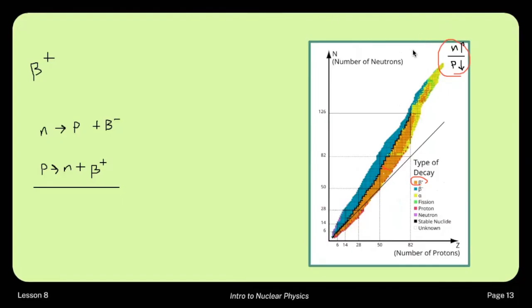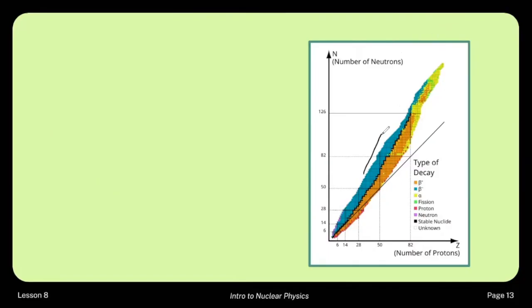a little bit. The big thing we want to be able to recognize is that if I have a nuclide whose neutron to proton ratio is too high, if it's off the valley of stability this way, then beta minus decay allows that ratio to approach a more stable value.